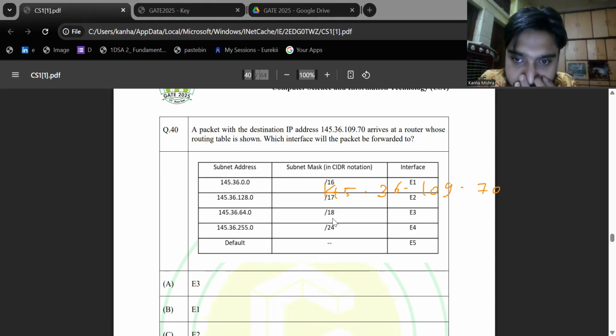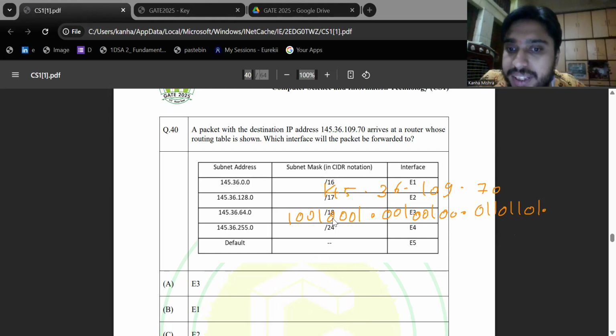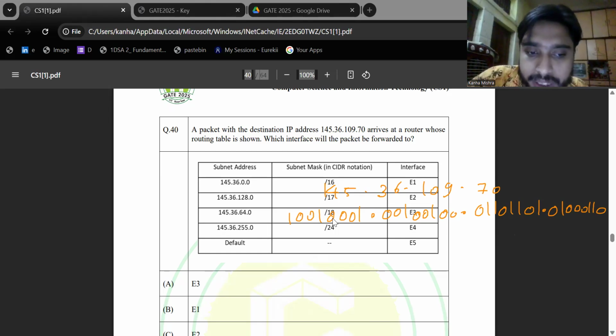So 145 can be written as 10010001, dot 36 can be written as 00100100, dot 109 can be written as 01101101, and 70 can be written in 8 bits, always, as 01000110. This is what the binary representation will look like in octet format.